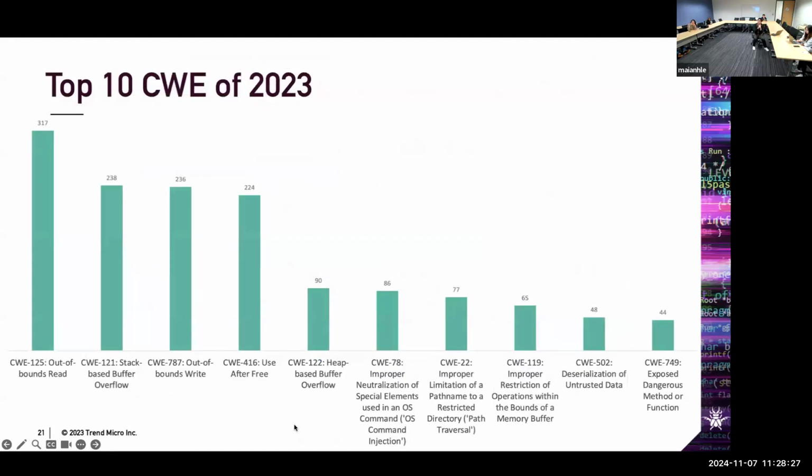CWE stands for Common Weakness Enumeration. It's maintained by the MITRE Corporation and tries to catalog the types of vulnerability. Basically, it covers how many different ways a programmer can shoot their foot, and we try to categorize that. Some technologies are immune to certain CWEs.